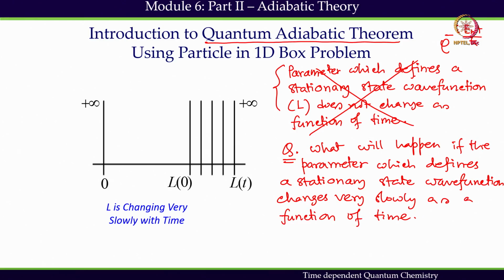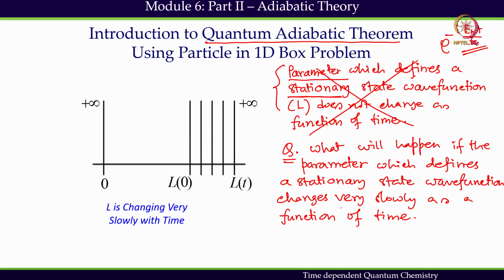In time dependent perturbation theory, we have assumed that the parameter which is defining the stationary state is not changing. So, the entire time dependence came from the time dependent phase factor. But on the contrary, when we are presenting this quantum adiabatic theorem, which is also another dynamical evolution of a quantum system, we are asking what will happen if the parameter which defines a stationary state wave function changes very slowly.